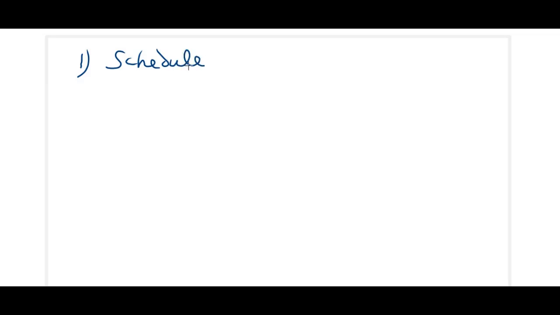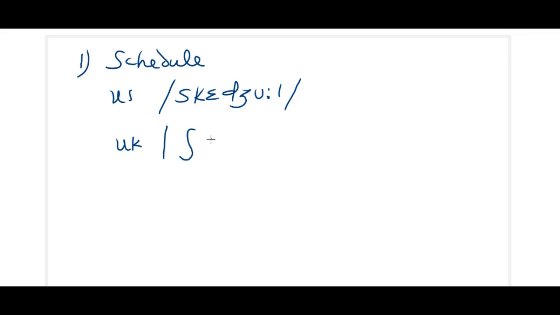Look at this word: S-C-H-E-D-U-L-E. In US English, this is pronounced with a J sound, "schedule" this way. But in UK English, it is pronounced differently.